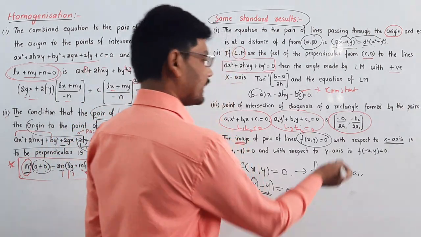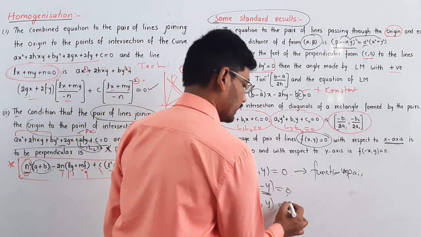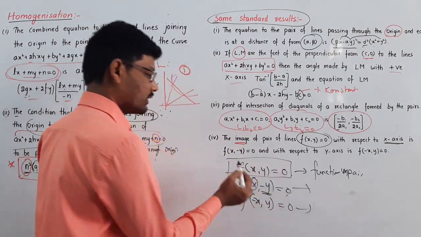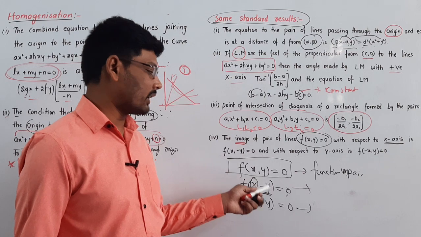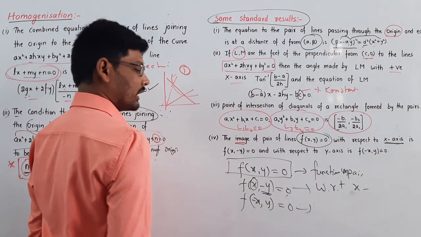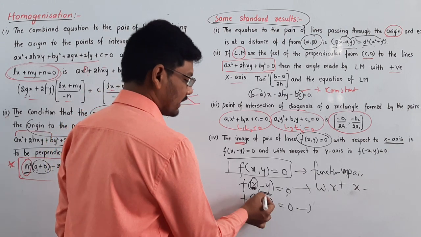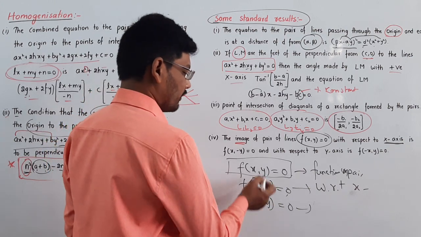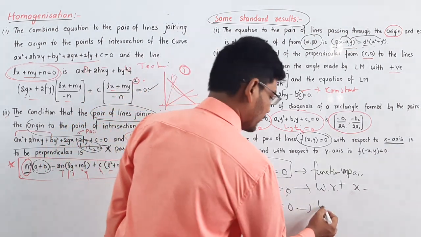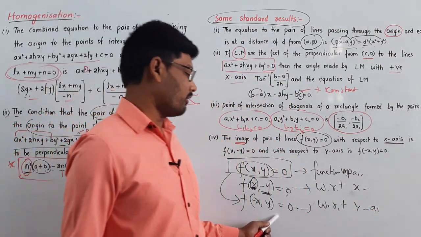Next, with respect to y axis, what will happen? X is negative, y is positive in the pair of straight line equation. For the function f of x comma y is equal to 0, the image with respect to y axis is f of minus x comma y is equal to 0.